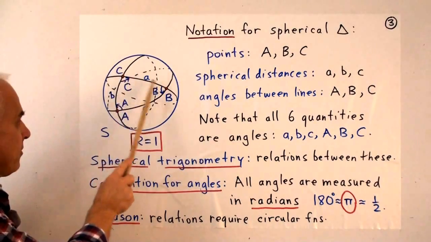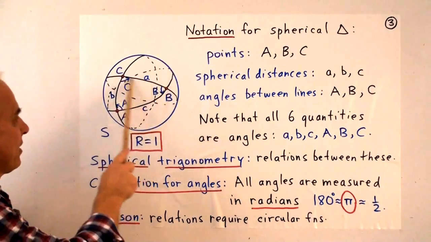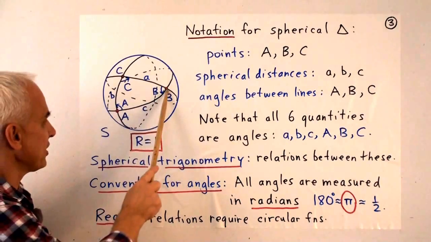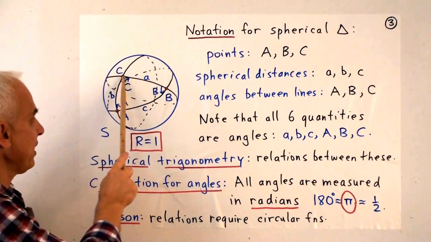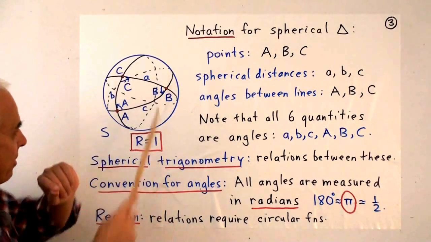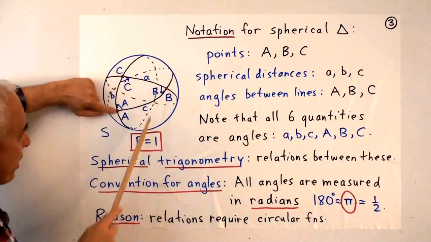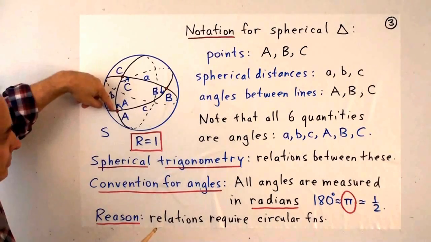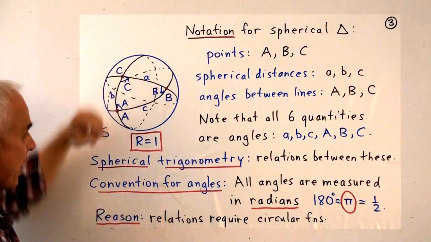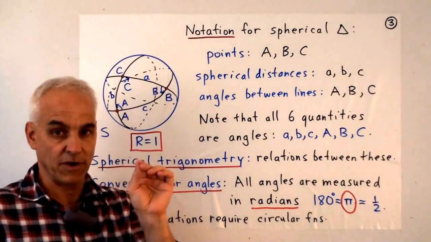Here they are right here, A, B, and C. They determine 3 lines and 3 spherical distances: the distance between A and B, the distance between B and C, and the distance between C and A. And we're going to label them little a, little b, little c, in such a way that the spherical distance little a is the one opposite the vertex capital A. So little a is the spherical distance between the points B and C. And I remind you that means that's the angle subtended by B and C from the center of the sphere.